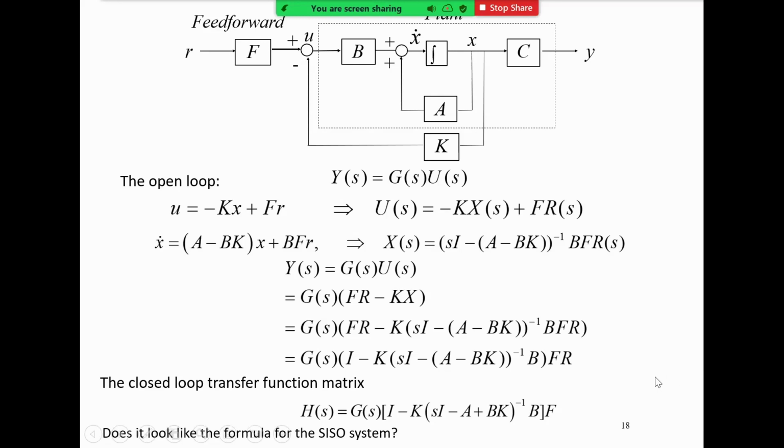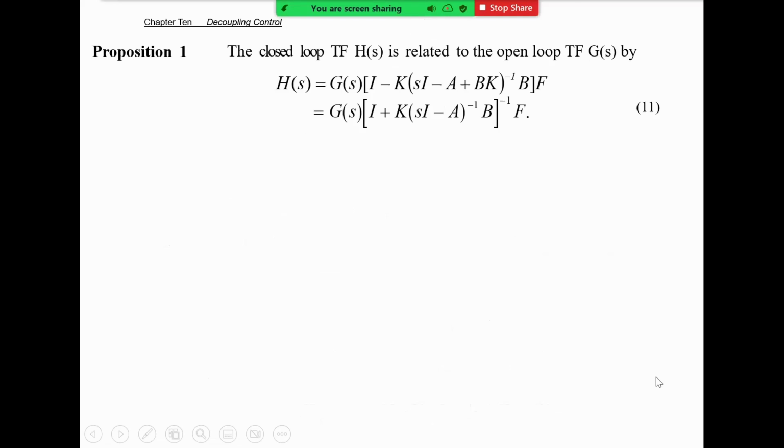But actually, we can change this expression to a more familiar one. Here, this is what we want to prove. We have already derived the first equation, that is the closed loop transfer function. Now we want to express that in this form.